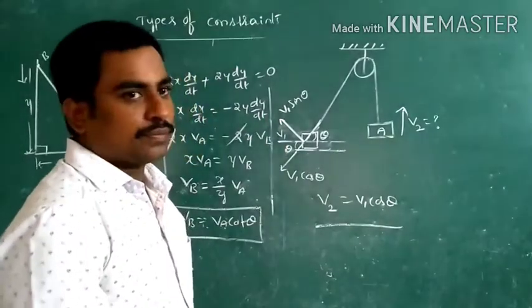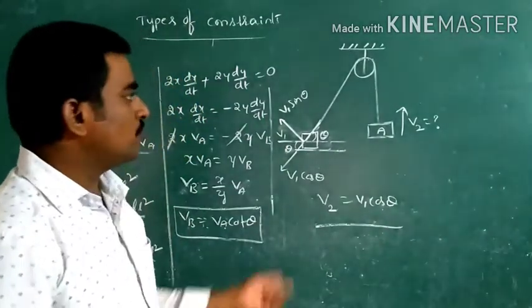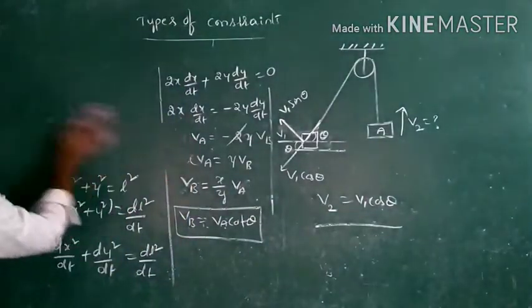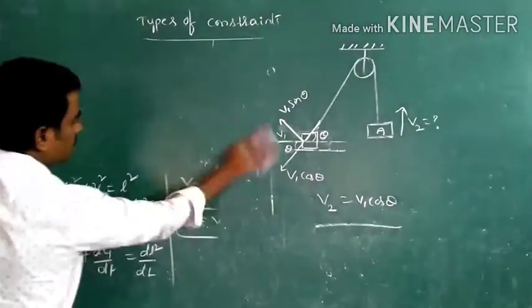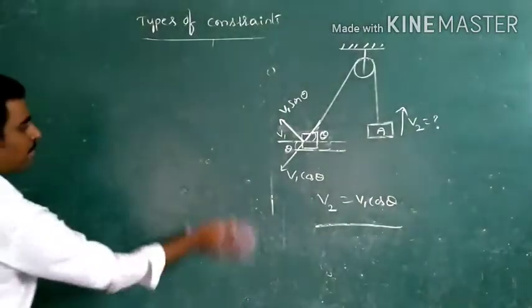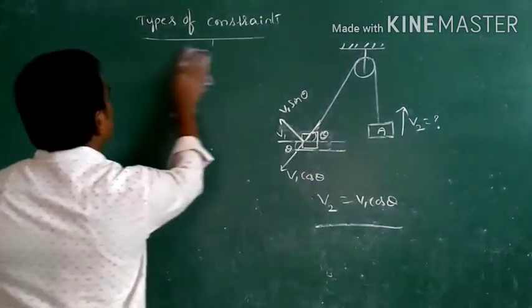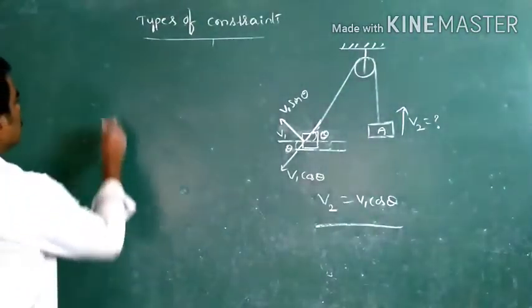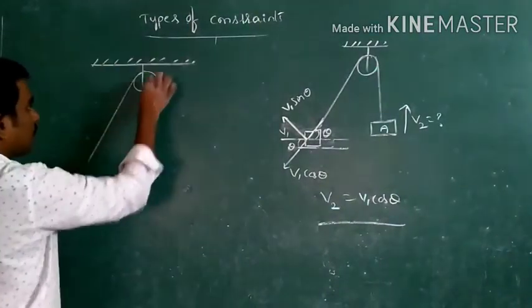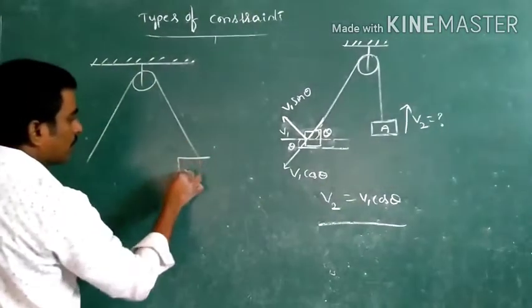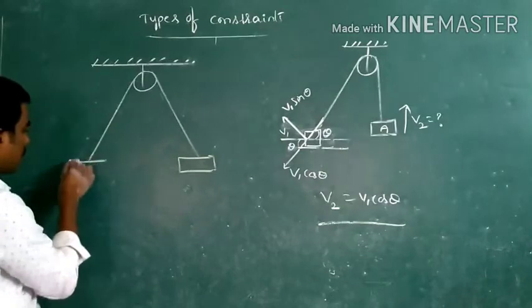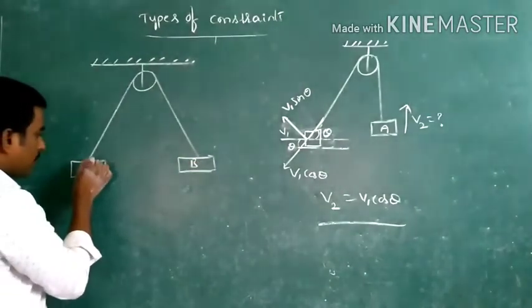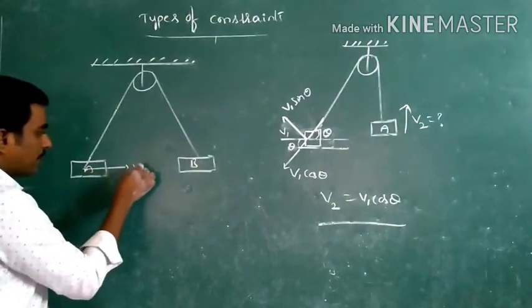Okay, understand? Let us assume one more example. This is block A, this is block B. This one moves with the velocity v1.